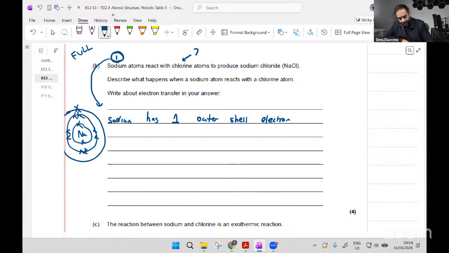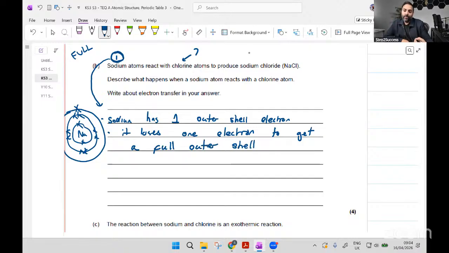So it loses one electron to get a full outer shell.